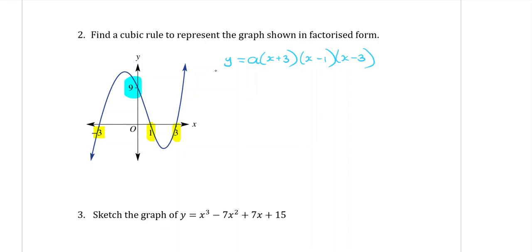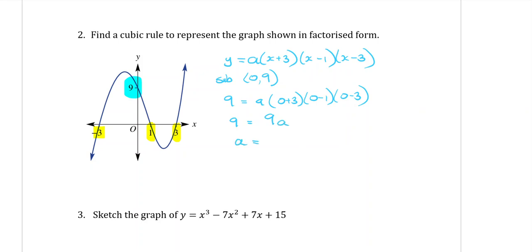So I'm going to sub in the point (0, 9) into that equation to find out the value of a. So y is 9, which is a(0 plus 3)(0 minus 1)(0 minus 3). So it's 9 equals 3 times -1 times -3, which is 9a.